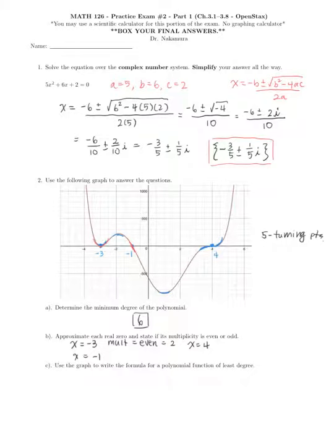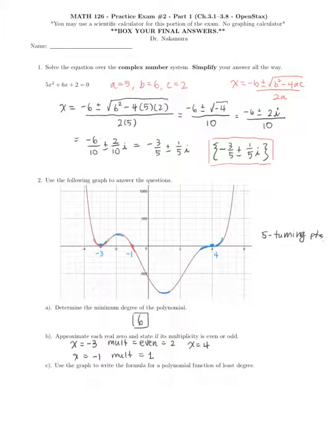So I'm just going to write it as multiplicity equals 1. Now let's go with the next one, x equals 4. At x equals 4, let me just write it. You can probably see it in the blue already, but do you notice that behavior? Oh, sorry, I didn't mean to cross that x-axis there.